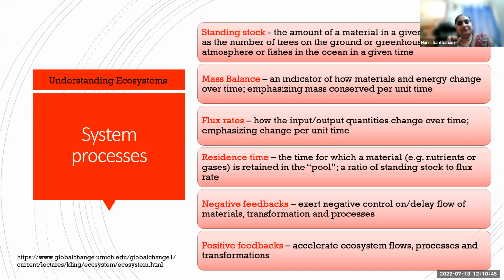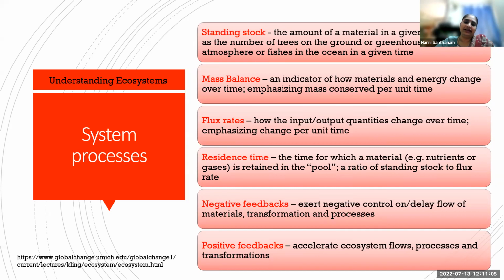So if we can say, for example, the mass balance has changed over time, we can attribute it to what is the stable state and what are the alternate states. So this is a concept which details how the changes in materials and energy have taken place over time.